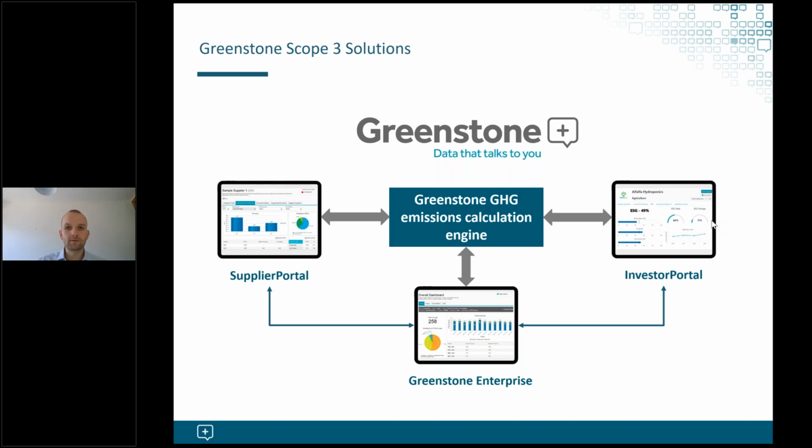So the suppliers, the companies can complete that data, calculate their own scope 1, 2, and 3 information, and then that would automatically push through the relevant parts to your own company footprint for the complete scope 1, 2, and 3 reporting. And that's all based on the central Greenstone emissions calculation engine to do that in a robust way. So the overall point is having that central system just simplifies it, makes it easier to manage, and ensures that you don't miss any key areas of the process.